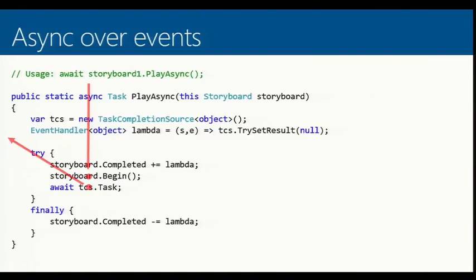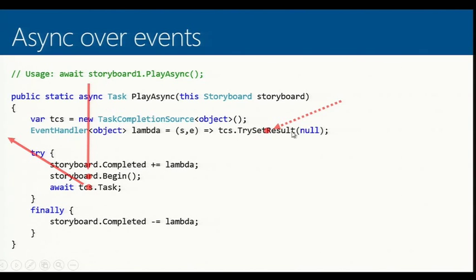Two seconds later, the storyboard is going to complete. Let's say it took 2 seconds. So it's going to fire its completed event, and that means it's going to fire the lambda that I signed up to be run when it completes. This lambda, what does it do? It does tcs.TrySetResult.